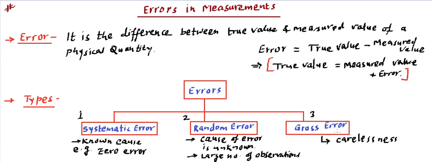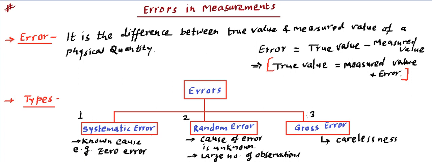How can we remove or minimize this kind of error? Simple. To remove this type of error, one needs to be very careful when taking the observations. One needs to be very focused and attentive to write down the observed values and make sure that the experiment is properly designed and there is no external error coming from the observer.